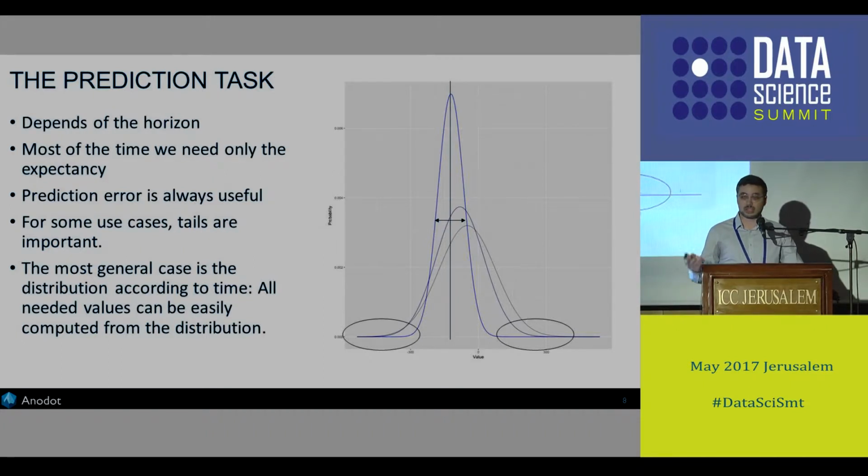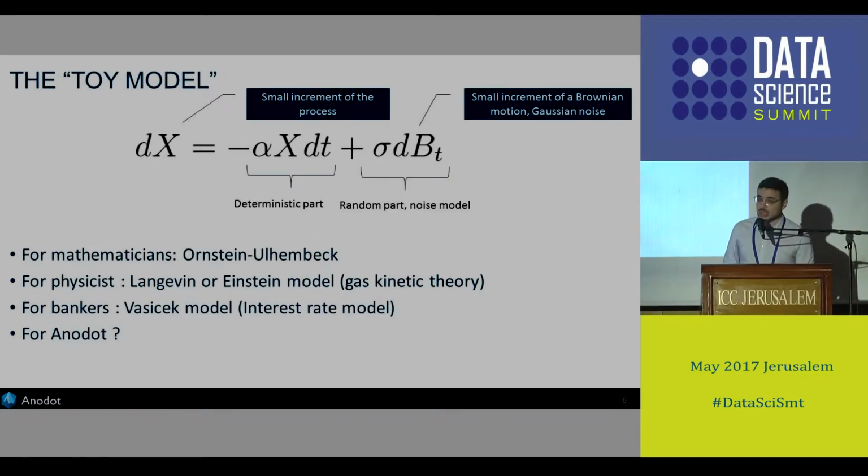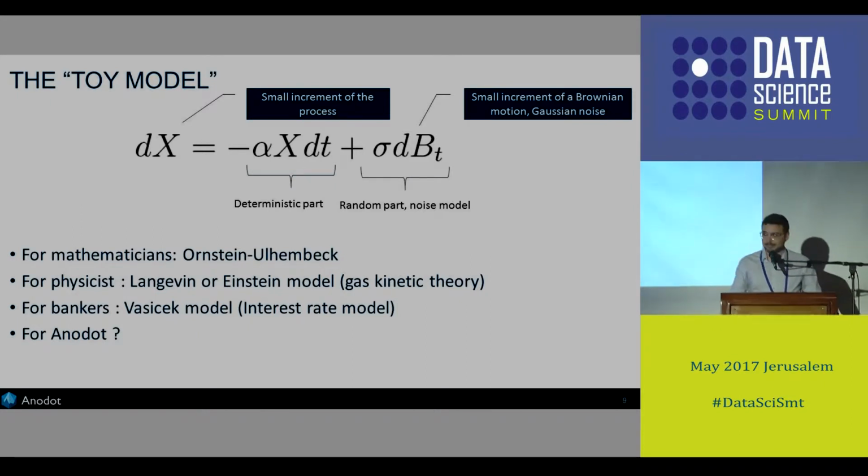For instance, for insurance companies or banks, the loss or the maximum claims can be very problematic. So this is their main task in prediction. The general way is to predict the distribution, in terms of data science.